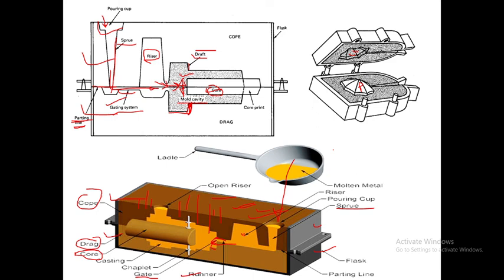So good collapsibility is also one of the most important factors while selecting the sand. Now there are also some binders, also called additives, that is organic binders, inorganic binders, and additives, which are also used in casting.